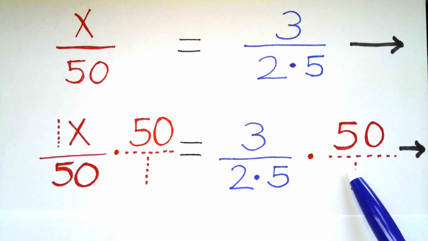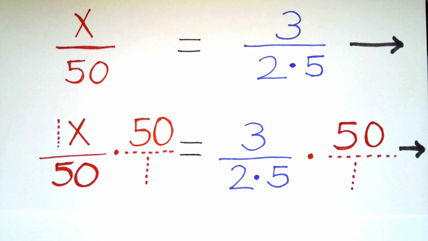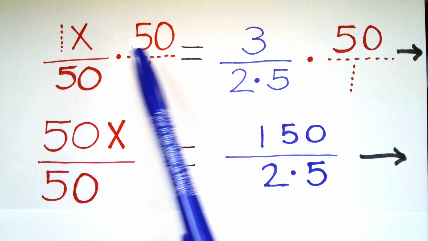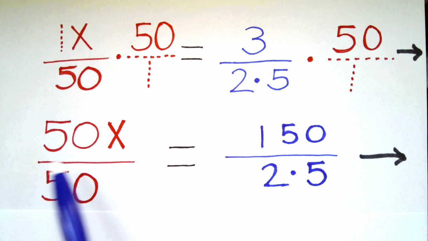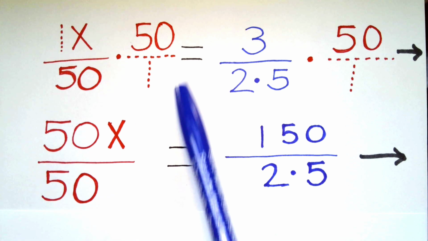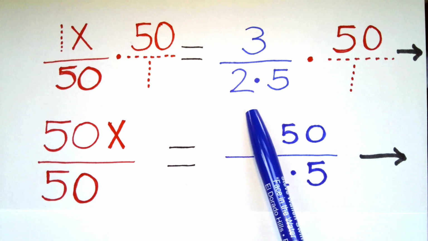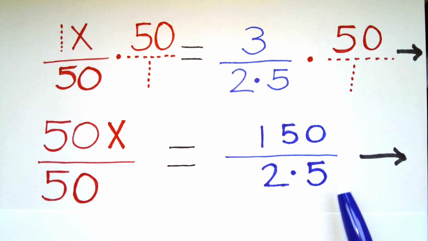Okay, so I'm just showing you here 1x times 50 is 50x. 50 times 1 is 50, equals. 3 times 50 is 150. 2.5 times 1 is 2.5, right?